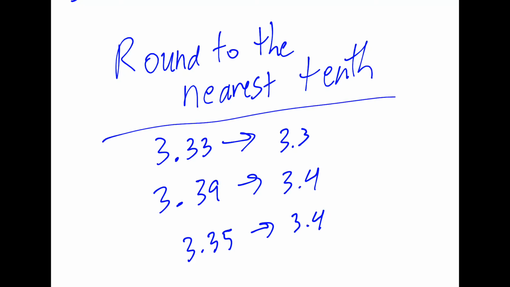So the tenths decimal place is right here. If we want to determine whether we should keep that as a 3 or round it up to a 4, we look here at the next number. And if that number is below 5, like 3.33 for example, then we round down to 3.3. If it's 5 or above, we round up to 3.4.